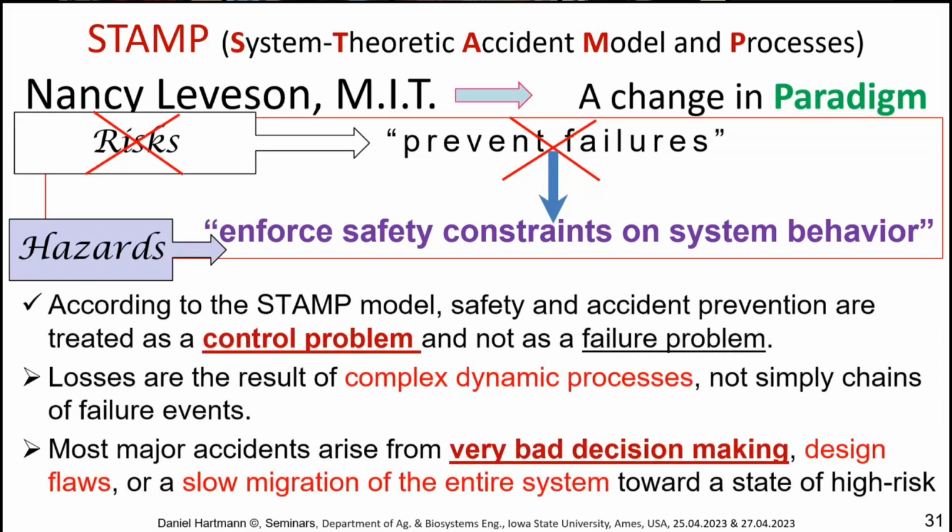Her thinking is as an engineer: she wants to control the system and not to prevent failures. And losses are the result of complex dynamic processes, not simply chains of events. So everything is changing, as I said before. If we analyze accidents, disasters, loss events again and again, we find out that they arise from very bad decision-making, design flaws, or even slow migration of the entire system toward a state of high risk.